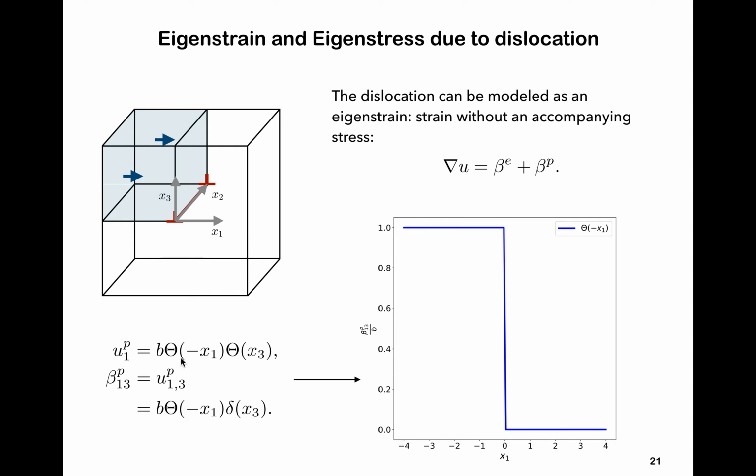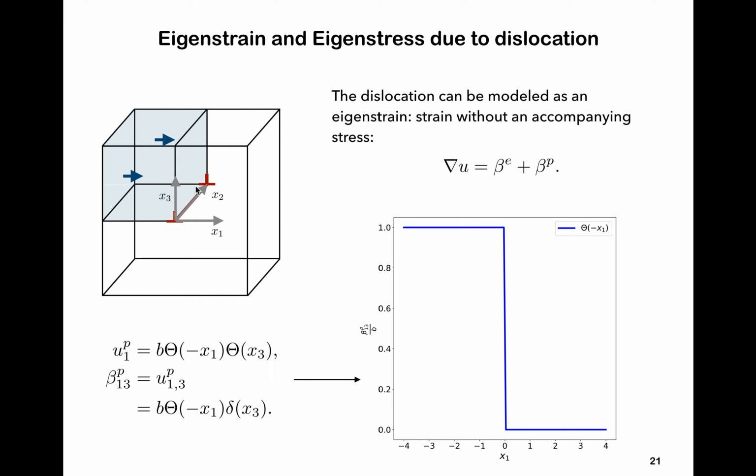This quantity theta of minus x1 times theta of x3 is equal to 1 only when x1 is negative and x3 is positive, and it is 0 every other time. In other words, if you take any point in the shaded region in this cube, then the value of u1p is plus b. In every other part, which is the white region of this cube, u1p is 0.